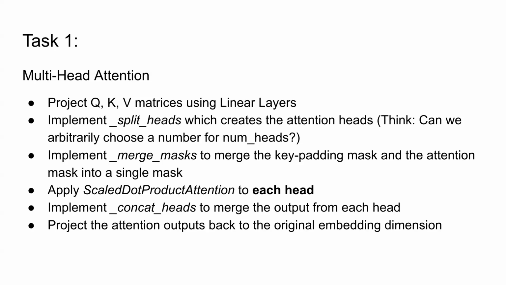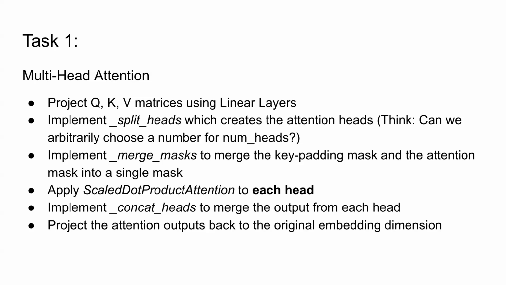Once we split the heads, we also need to take care of masks. There are two kinds of masks which we'll look into in detail in a few minutes: the padding mask and the attention mask. The attention mask is mainly a causal mask, which prevents the model from cheating, and the padding mask prevents the model from attending to padding tokens.